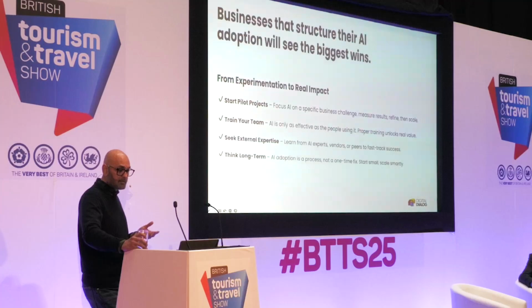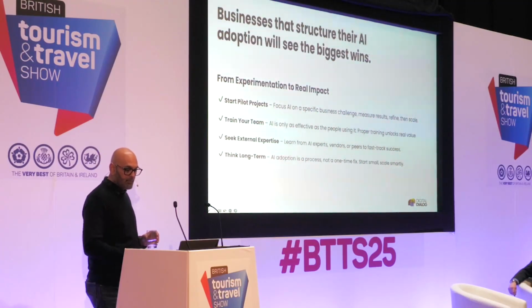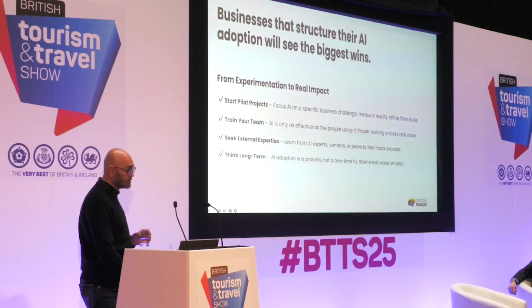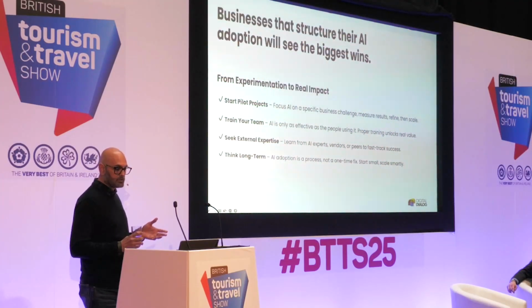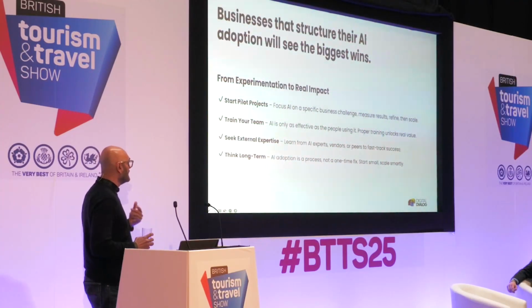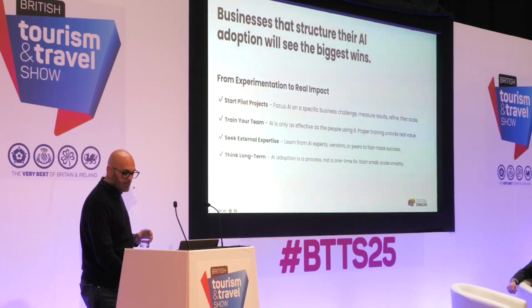But the problem is many businesses remain stuck in this phase forever, and they don't measure success, don't plan for ROI, and they never take the next step to scale AI for real business impact.